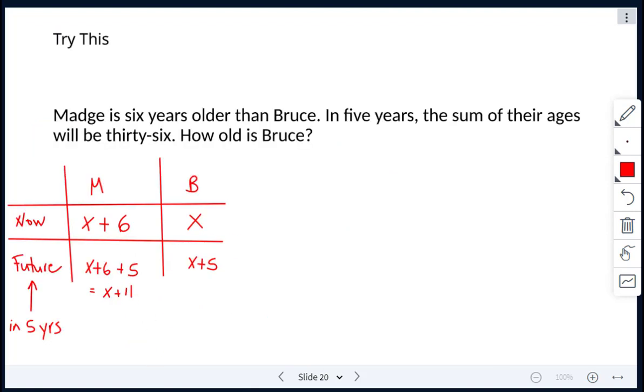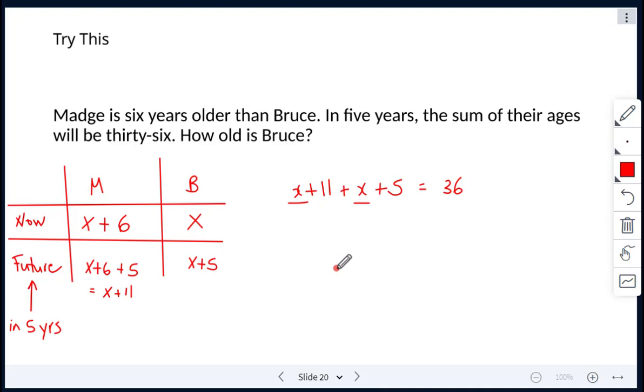All right, so we were just finishing up this question here. So in 5 years, the sum of their ages will be 36. So we're just going to combine these two expressions here. So we have x plus 11 plus x plus 5 is equal to 36. So collect the like terms here.